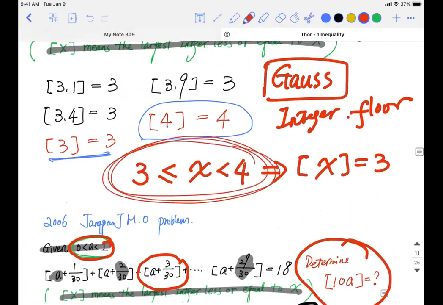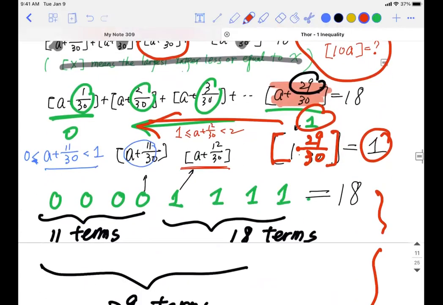If the Gauss of x equals 3, x can be equal to 3, no problem, but must be less than 4. This is exactly the same thing here. So that being said, you can actually find two inequalities for A, right? The 11th term generates an inequality on the left. The 12th term generates an inequality on the right. Altogether, that's what you need. Does it make sense?